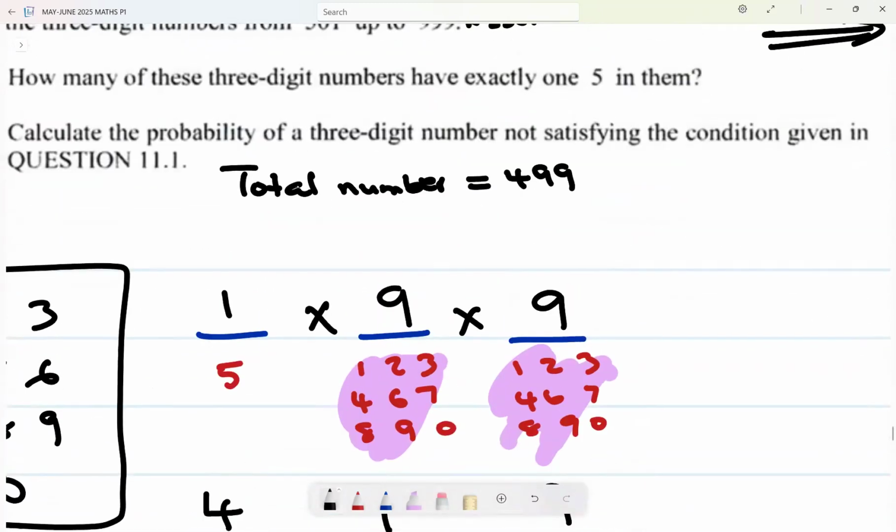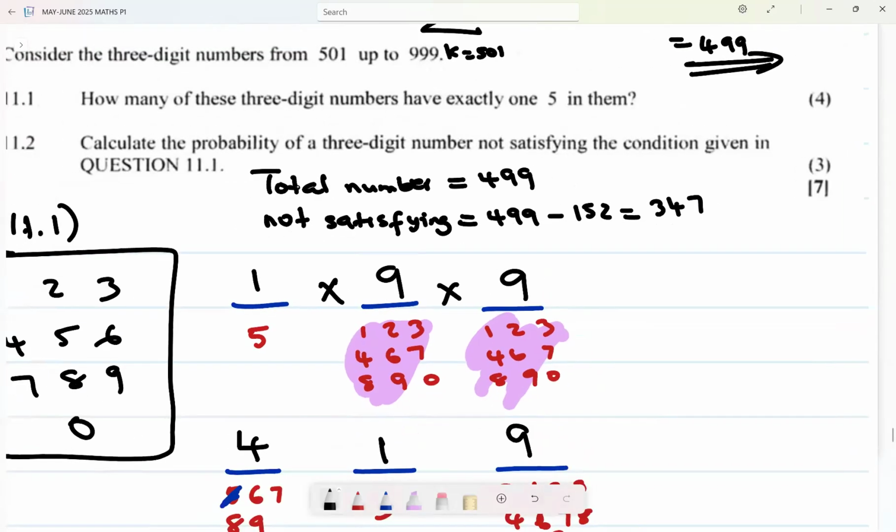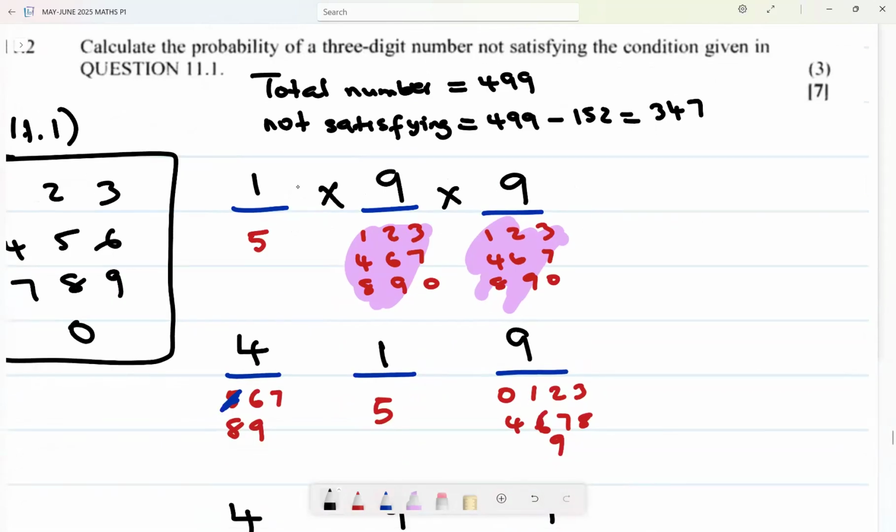So which ones do not satisfy the condition? Not satisfying the condition is going to be 499 minus 152 that is satisfying. And then I get that the ones that are not satisfying, they are 347. And if they are 347 like that, they want the probability that is not satisfying the condition.